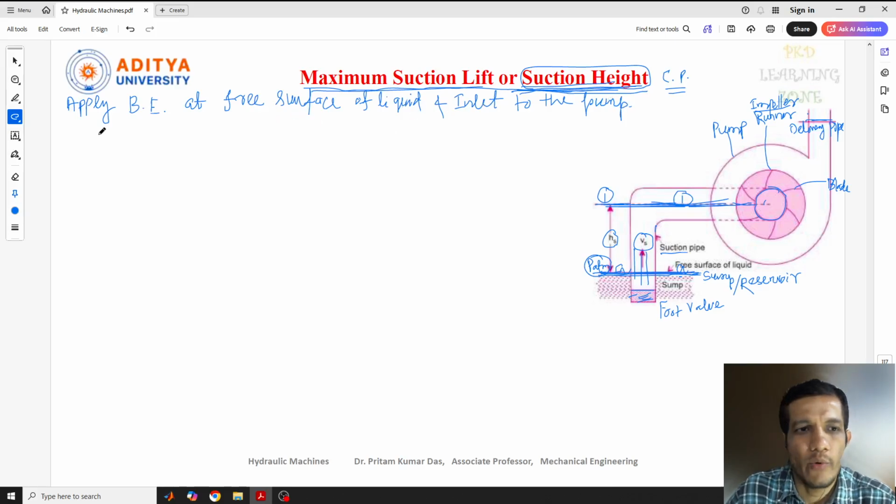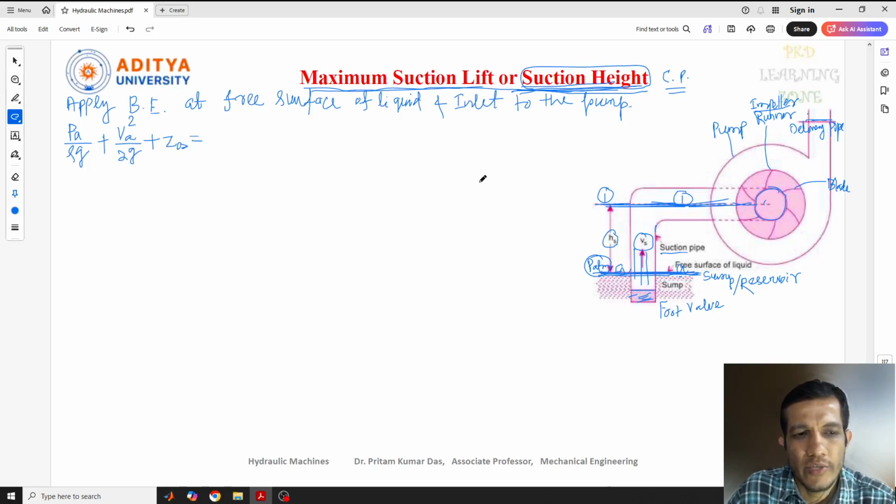Now we know that Bernoulli's equation says the total energy at one portion is equal to the total energy at the other portion. So let me write here PA by rho g, the pressure at the atmosphere, plus VA square by 2g plus ZA.